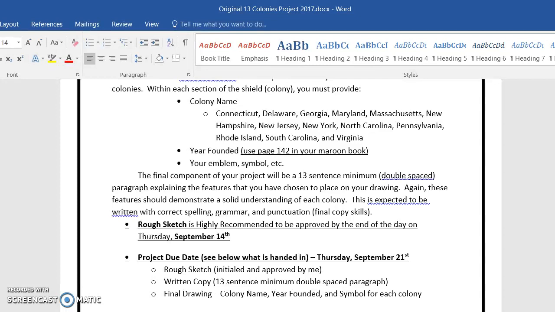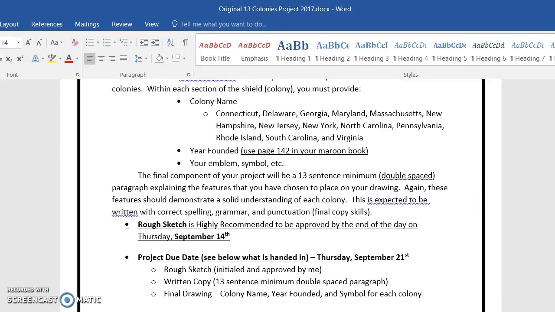When you hand this in, we're looking for no spelling errors, no punctuation errors, capital letters at the beginning of sentences, and things like that. So again, like I said, when you come explain your rough sketch to me, you're doing this 13-sentence minimum. You're just doing it verbally. Then what you need to do is take that and put that onto paper as well. And you can handwrite it, you can type it. We'll talk about that in part 2 as well.